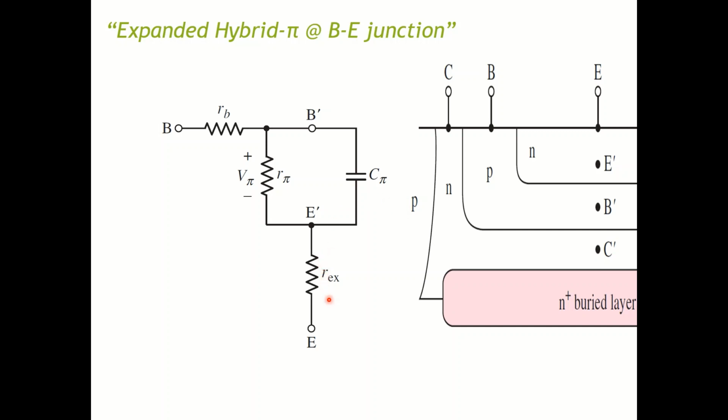First, the R external. If you look at this in here, this is the resistance between the internal emitter terminal, or internal emitter region, and the actual E terminal or emitter terminal.